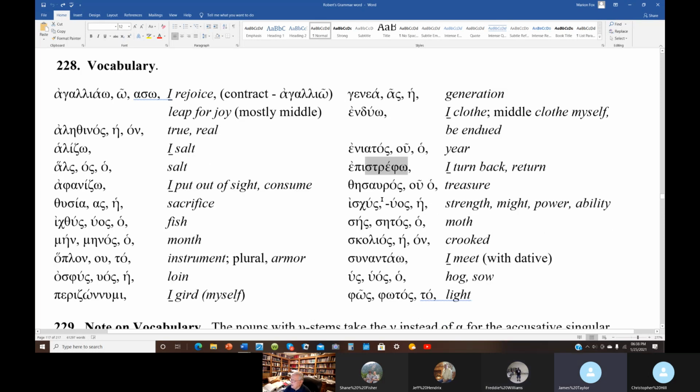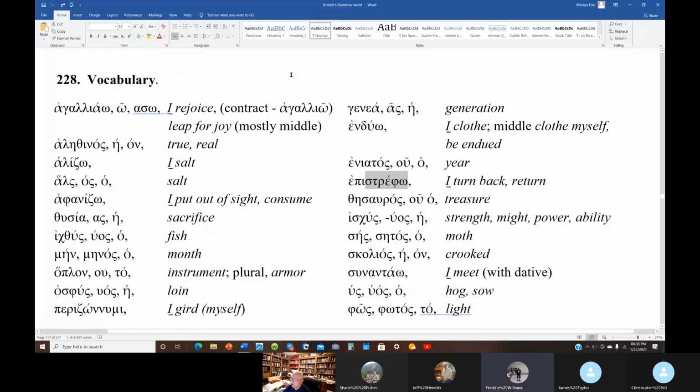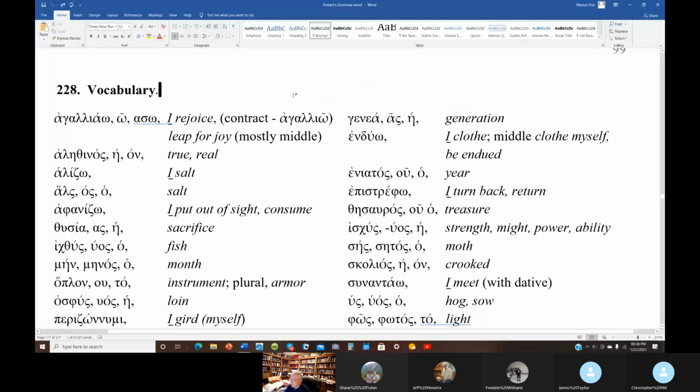Right. Now we have thesaurus. What we have here is our word thesaurus. Let me write the word up here. I think I'm spelling it right. I think that's how it's spelled in English.